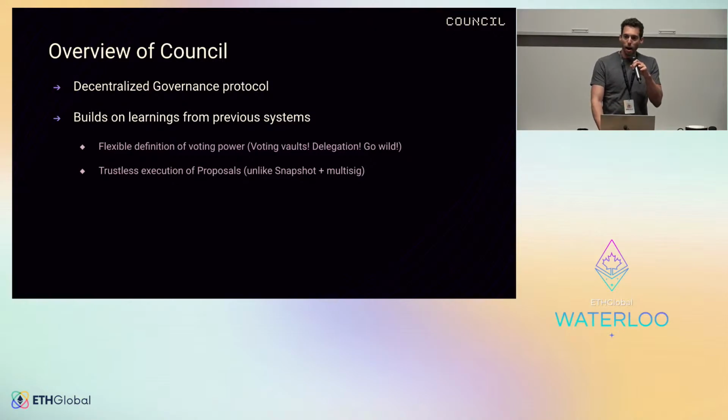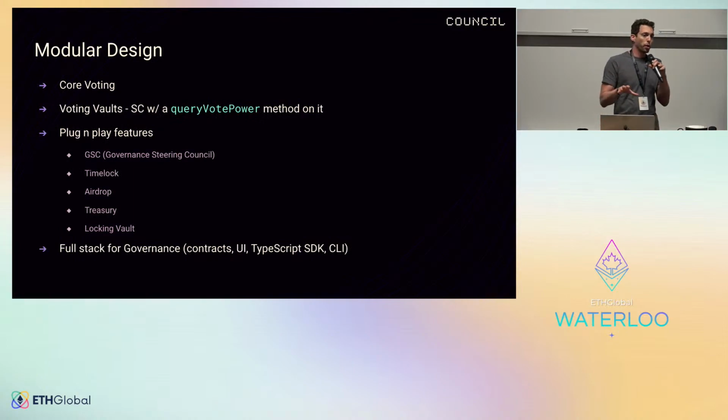So the next thing I want to point out real quick before I hand it back to Ryan to get back into the meat of the workshop is that we've got two main components. We've got the core voting contract, and this is where your proposal is going to be created. This is where you're going to vote. And then the other piece, which I just mentioned, is the voting vaults. And simply put, these are smart contracts that have a single query vote power method on them.